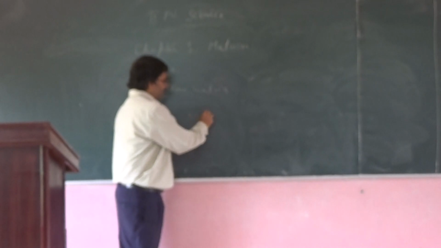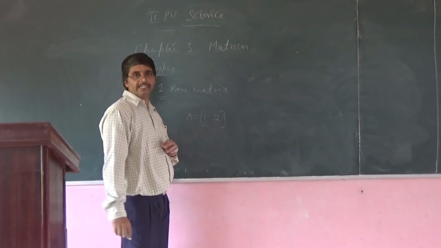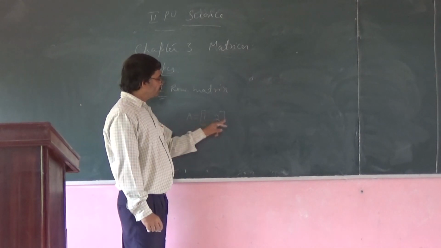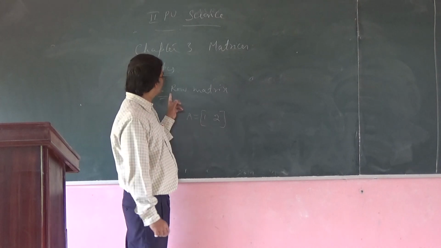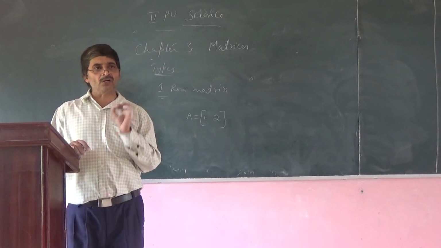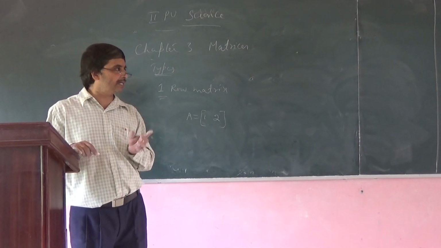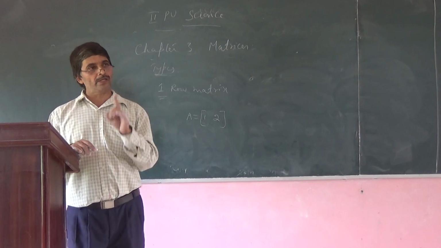So if I write A equal to 1, 2, this is a row matrix. Only one row is there, but you can have 2 columns, there is no problem. Only thing is, we call it a row matrix if it has a single row. What does the A in "a row matrix" stand for? It stands for single or one.